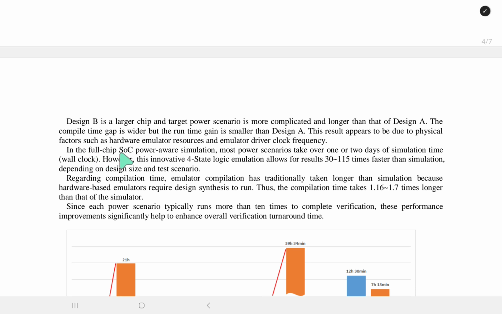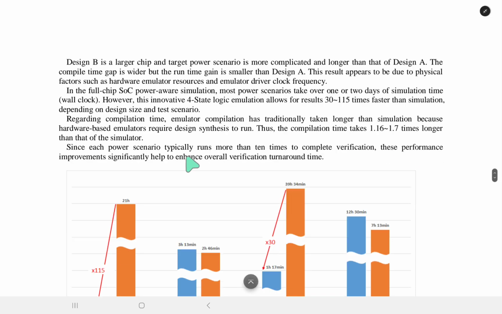In the full chip SoC power-aware simulation, most power scenarios take over 1 or 2 days of simulation time, one clock at a time. However, this innovative four-state logic emulation allows for a result 30 to 115 times faster than the simulation, depending on the size of the test scenario.